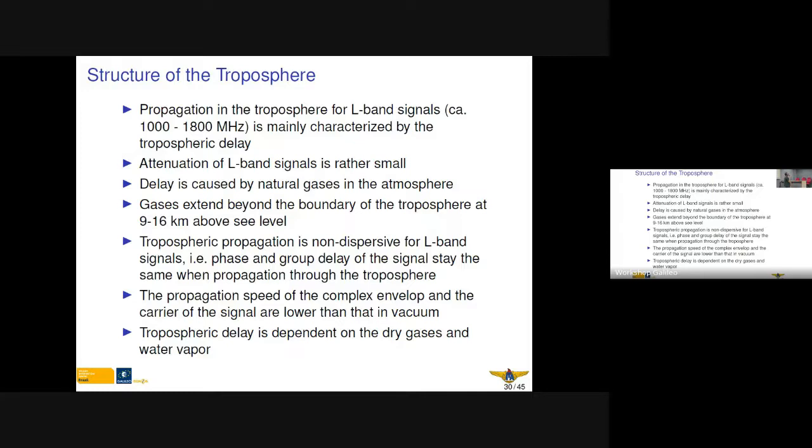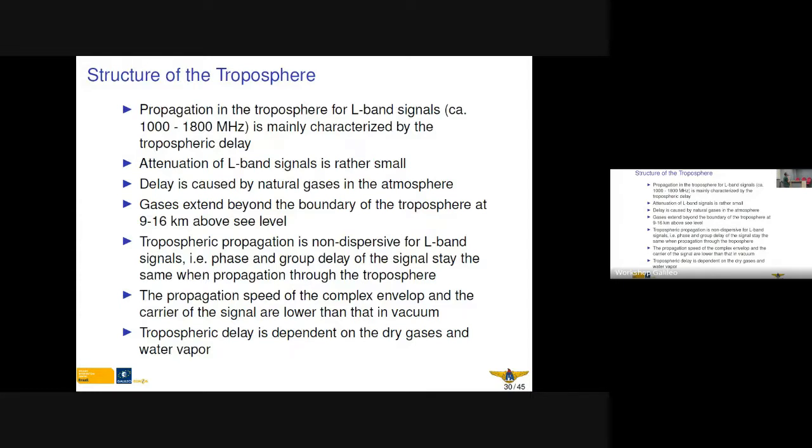This is one of the reasons why this carrier frequency in L-band was chosen, so that you do not have too high ionosphere effects, because if you went to lower frequencies, the ionosphere effect would grow. But on the other hand, if you move to higher frequencies, the troposphere effect grows. So they chose a trade-off in the frequency, and one ended up with the L-band. The delay is caused by natural gases in the troposphere.